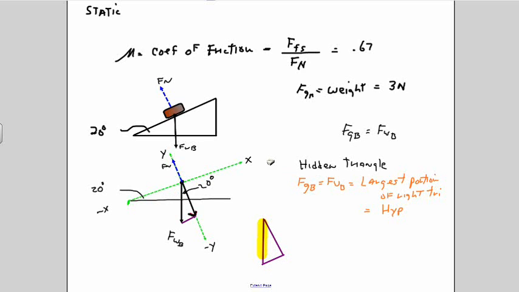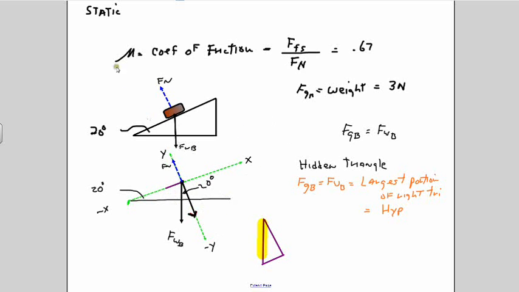I want to show you by moving it. This side over here is a magnitude. It's another force, and that force is the same. I can take this force and move it right up to here. So these are the same forces.